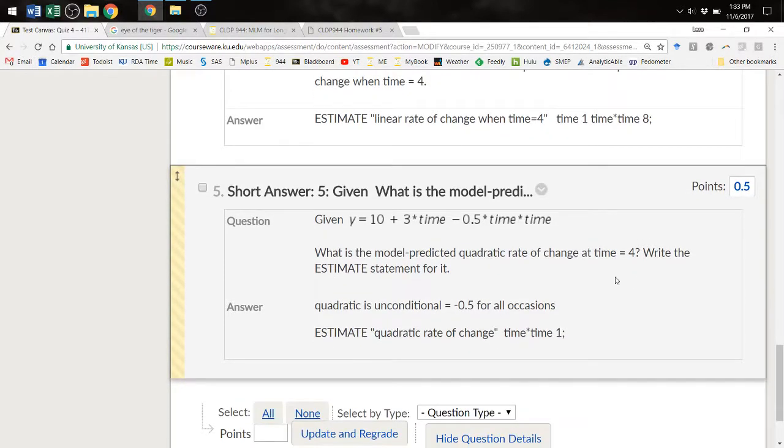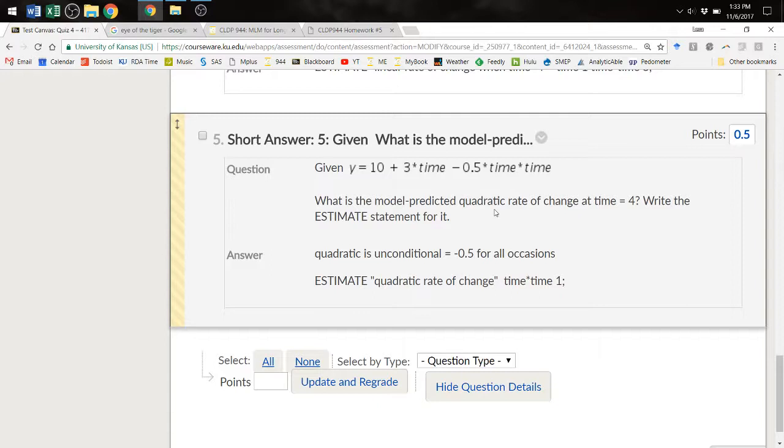All right. Last one. Sort of a trick question, but not really. What is the model predicted quadratic rate of change at time equals 4? If you look at this equation, how many times does time by time show up? How many instances of time by time do you see in this model? Just 1, right? That means it is unconditional.